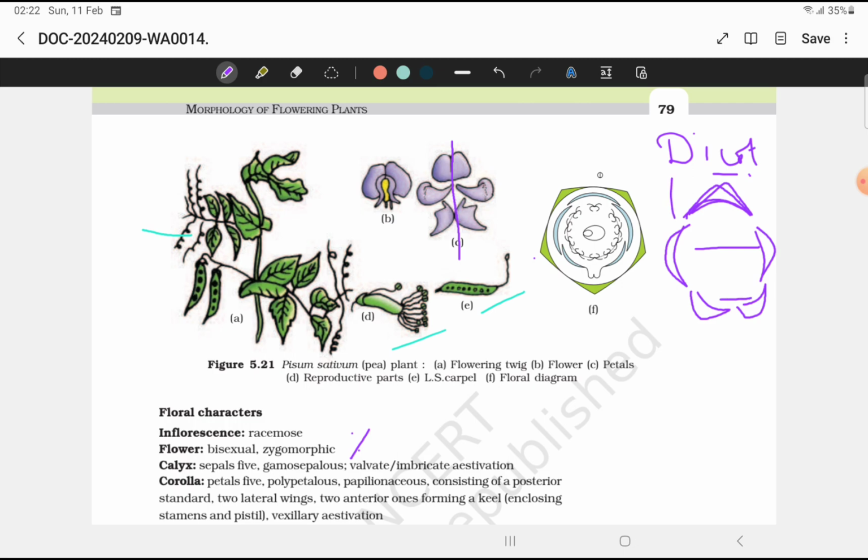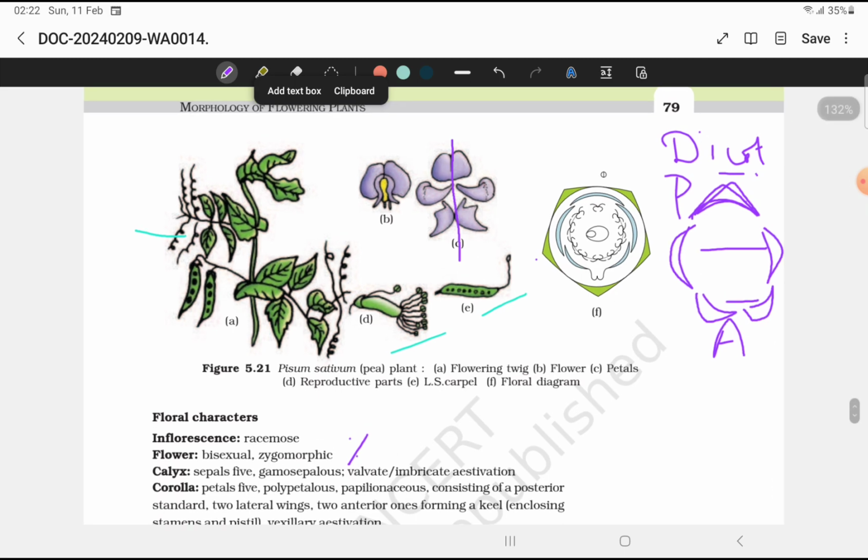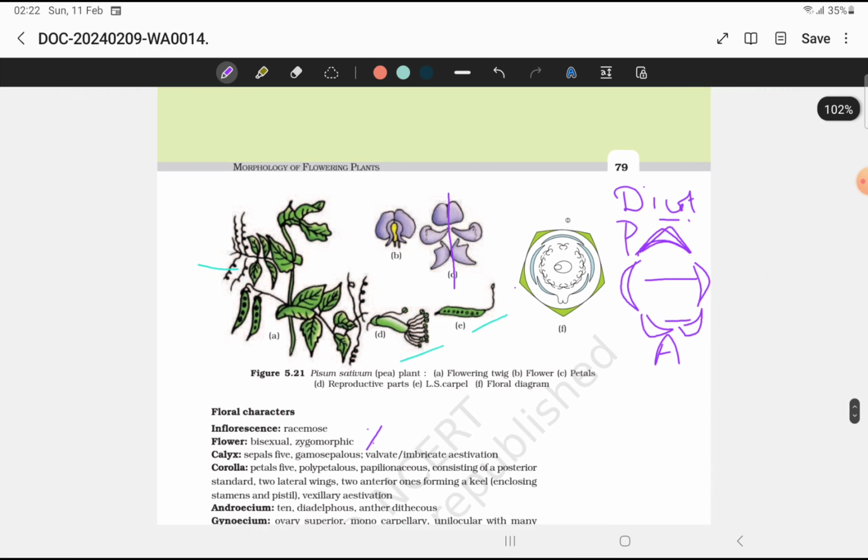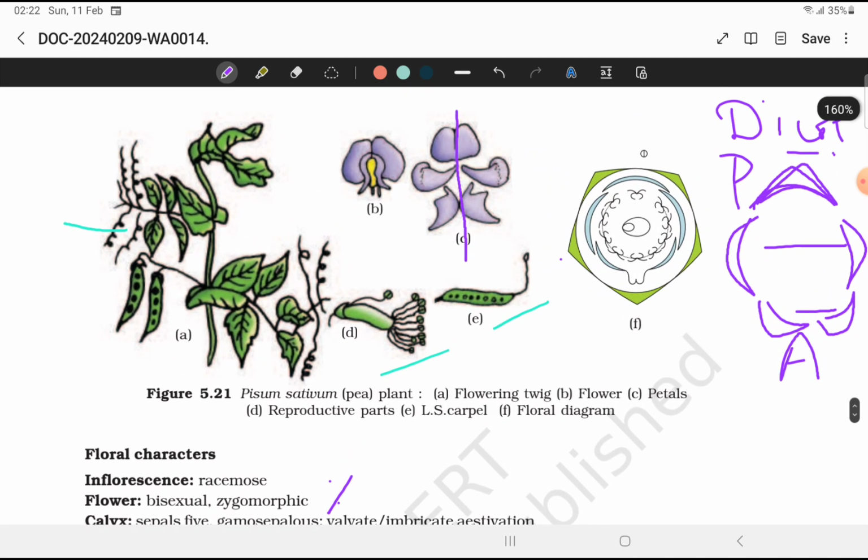So this side is posterior, this side is anterior. This is the characteristic calyx arrangement of any dicot family. But Fabaceae is an exceptional case where you can see the odd sepal is on the anterior side. This is the odd sepal, anterior side.